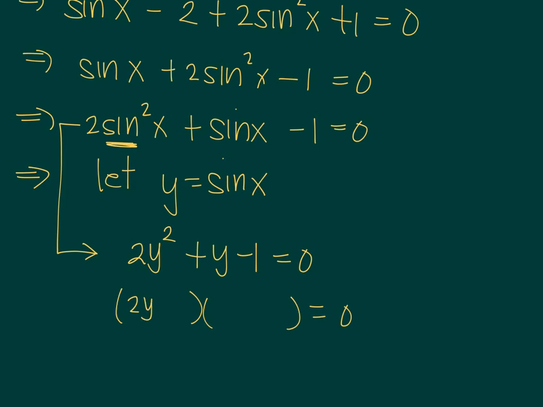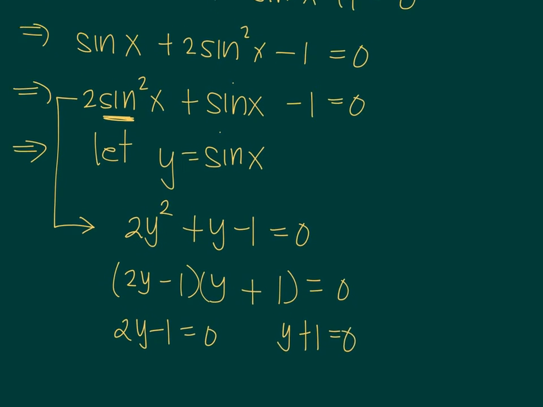So you have 2y and y, 1 and 1. I could make this plus 1 and minus 1 here. Try to check if the factor is correct, but you should get this too. This means 2y minus 1 can be 0, or y plus 1 can be 0.